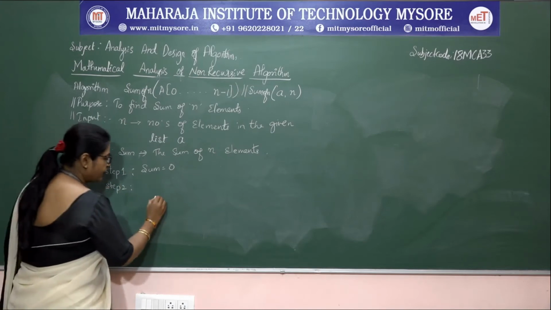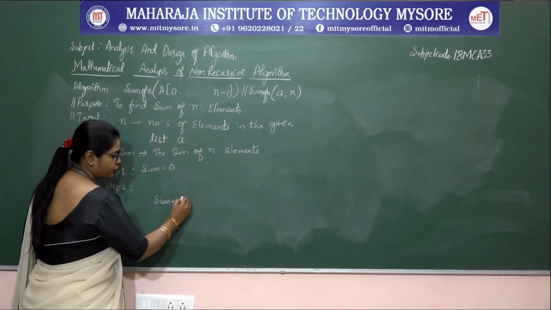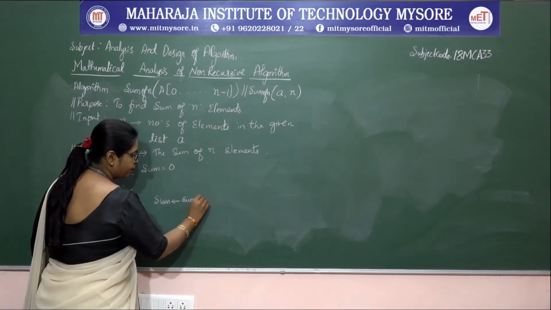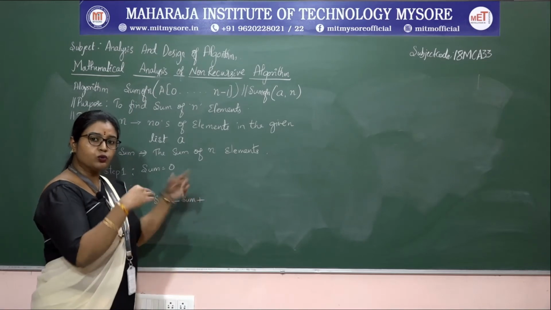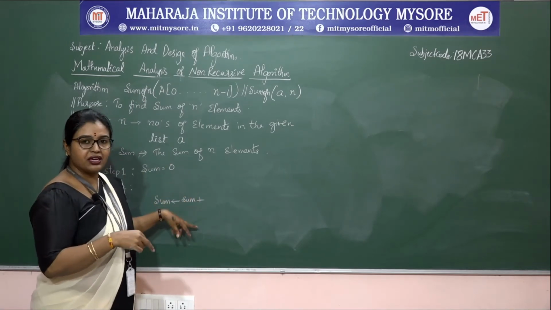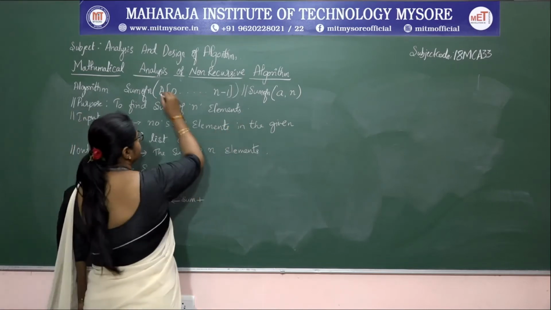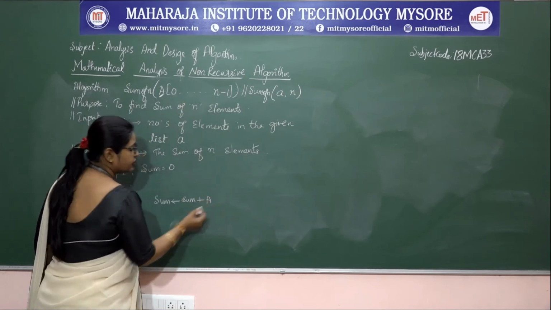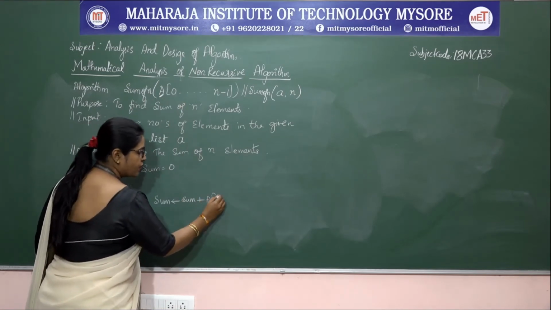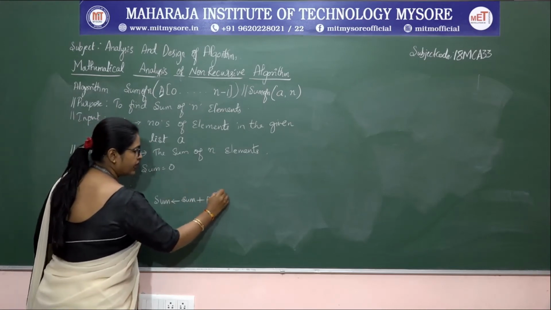We need to repeat this step, that is sum is equal to sum plus A of I. Here I can't say only A, so using the indices value, I am representing it using capital A of whatever variable we need to write.